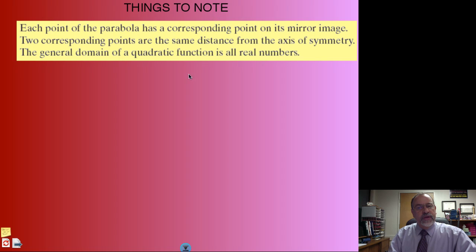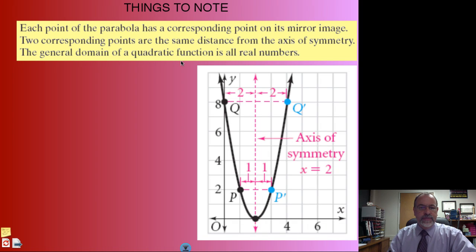Another thing to note about your parabola is that because it's symmetrical, it has that line of symmetry that goes down. Each point on one side of that axis of symmetry has a corresponding point on the other side. It's a mirror image. And those points are the exact same distance from the axis of symmetry.